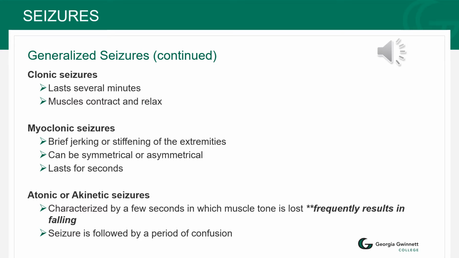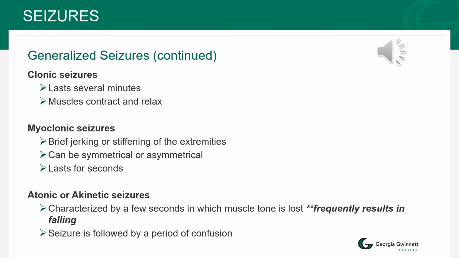Clonic seizures usually last several minutes, and they're characterized by muscles contracting and relaxing. And again, this is a seizure where they only have that clonic period, that jerking. Myoclonic seizures are brief jerking or stiffening of the extremities.